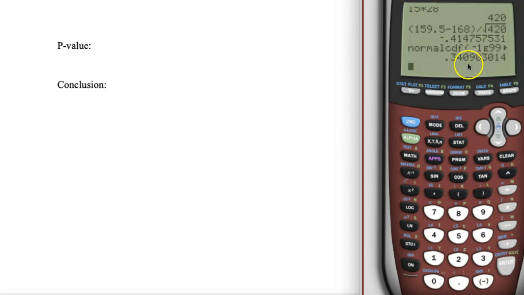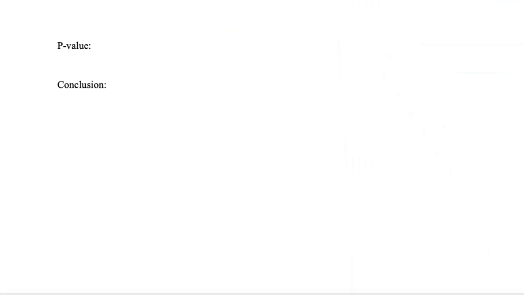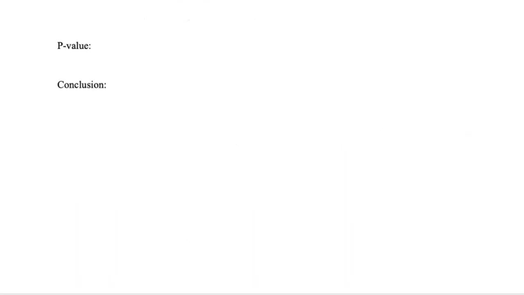Now, be careful with this. I got an area to the left of that tail of 0.341, but what type of test is this? Well, because I'm just looking at equality here, I don't have greater than, I don't have less than, this is a two-tailed test. And since this is two-tailed, then I need to multiply my p-value times 2, and we said that this was 0.341.